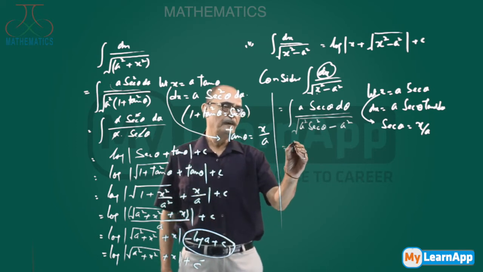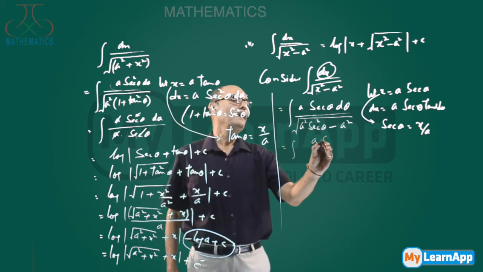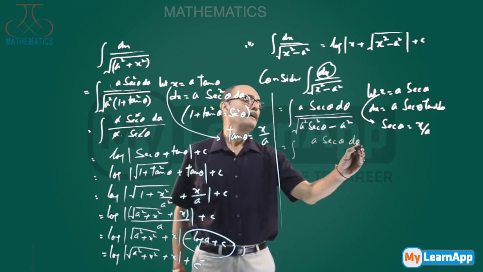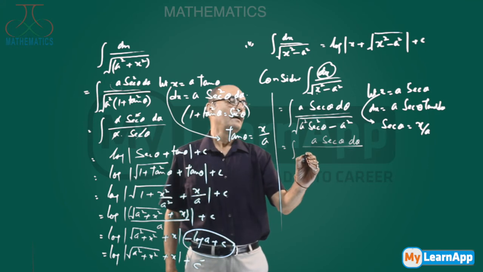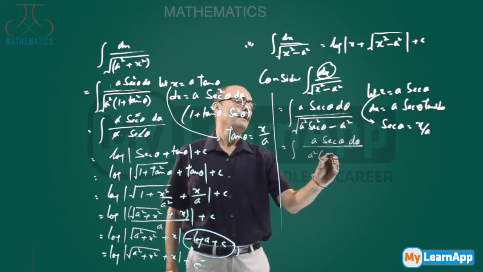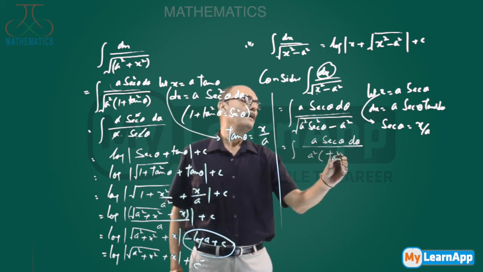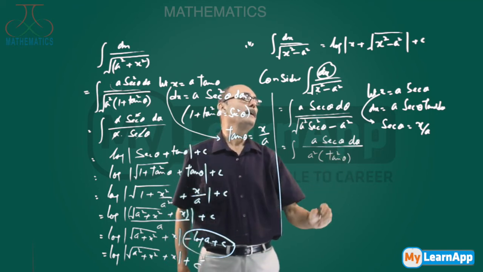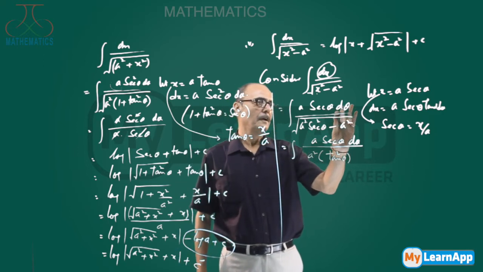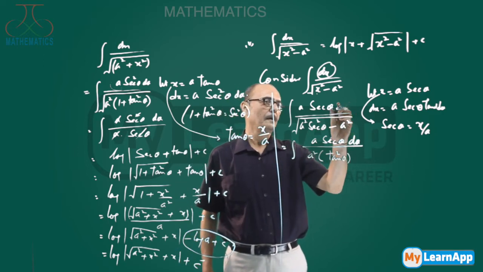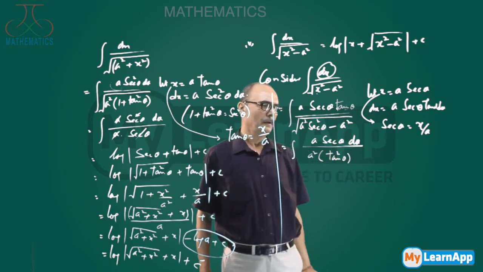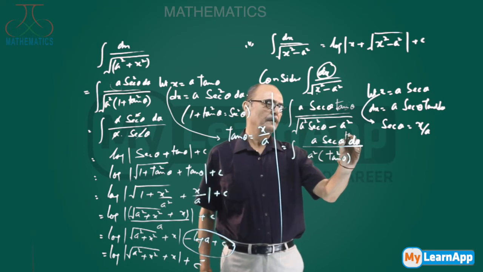If you simplify, this is a square common into tan square theta. Here in this case, it is secant theta tan of theta upon tan of theta.